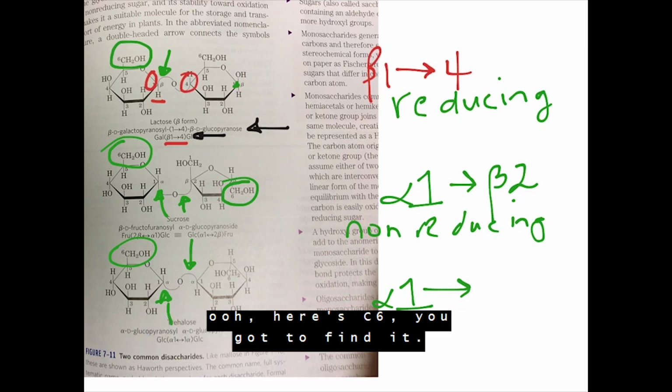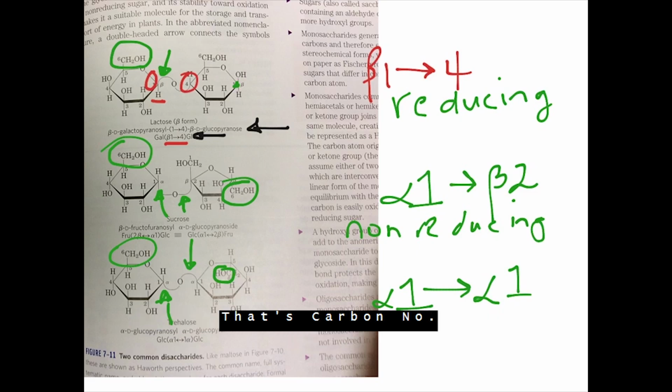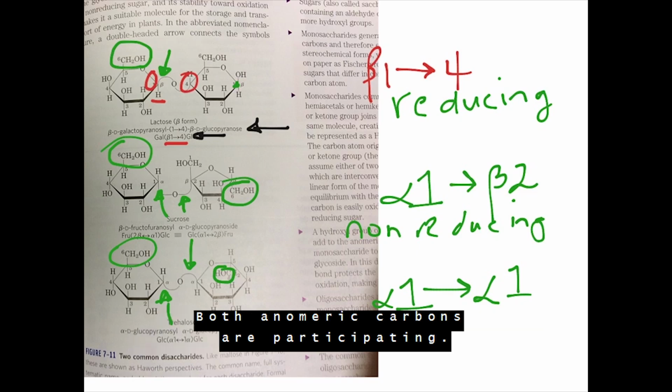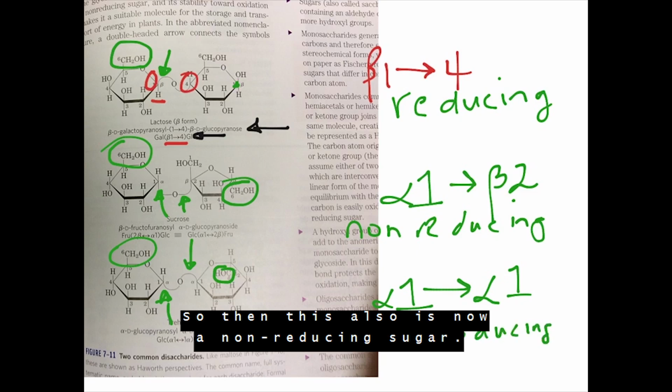Ooh, here's C6, you've got to find it. C6 is pointing down. So those are on opposite sides of the ring. That's an alpha stereochemistry as well. That's carbon number 1 in the ring. So this is an alpha 1 glycosidic bond. Both anomeric carbons are participating, so this also is now a non-reducing sugar.